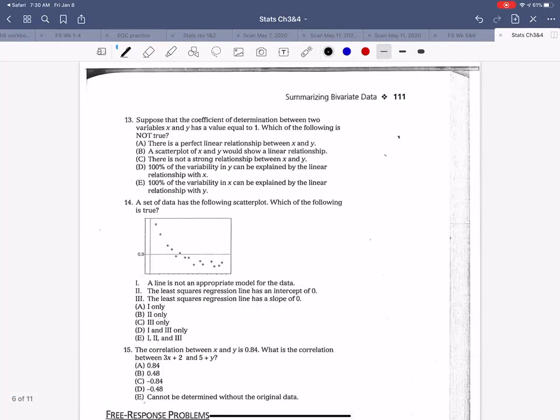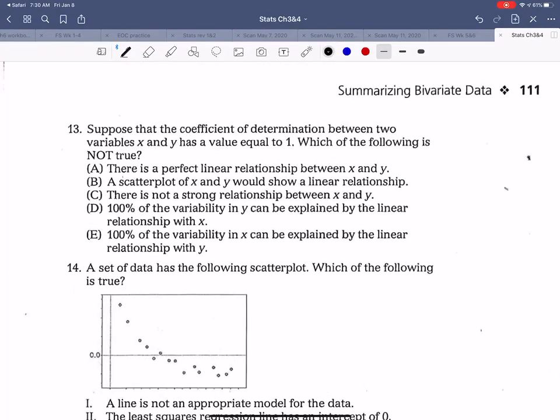All right, 13. Suppose the coefficient of determination, right? So that's our r squared, between two variables, x and y, has a value equal to 1. So if r squared is 1, and we took the square root of both sides, that means r is 1, and it's positive, which means the dots are exactly lined up in a positive way.